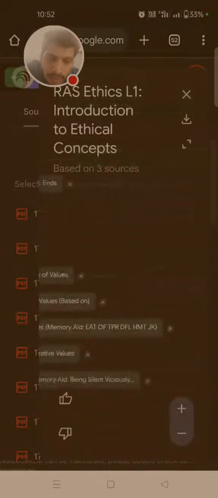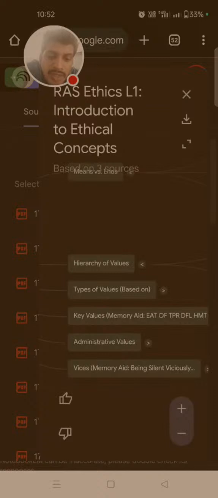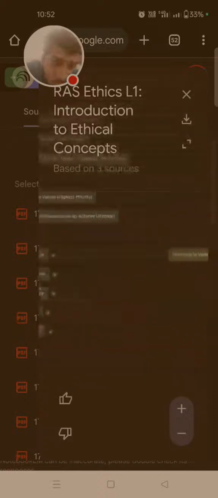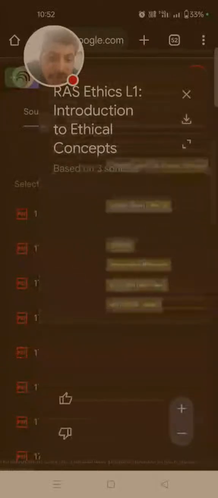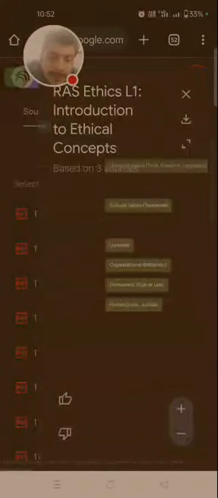What are the types of values based on objectivity? Universal values like truth, freedom, and happiness. Then subjective values like cultural value or tolerance, which are different for different persons. Then hierarchical values: universal, then organizational, then democratic values, and human values.